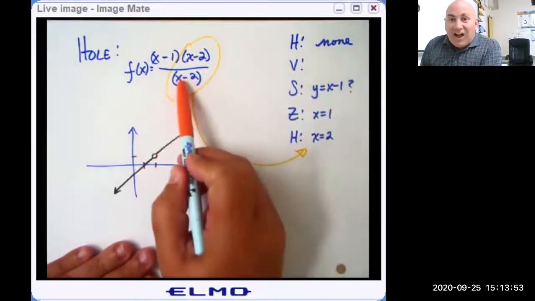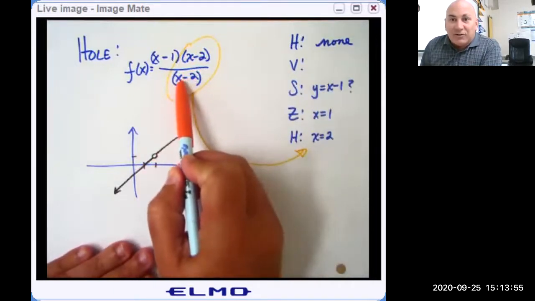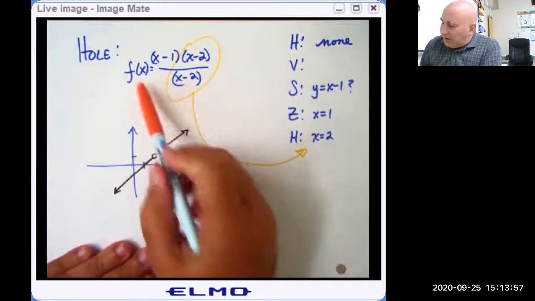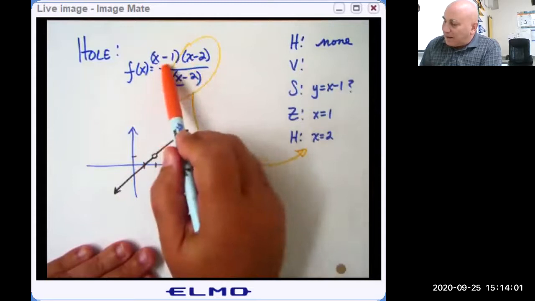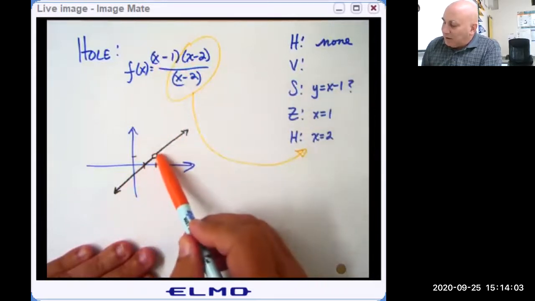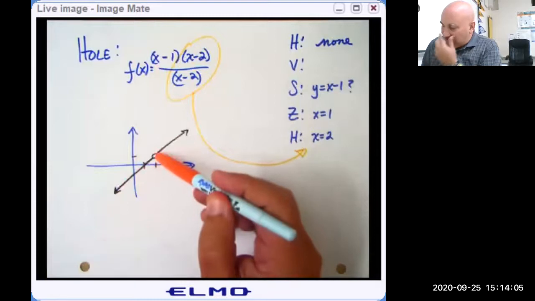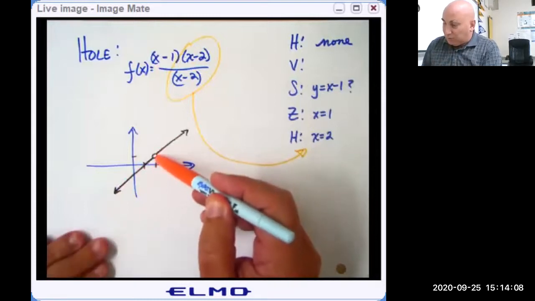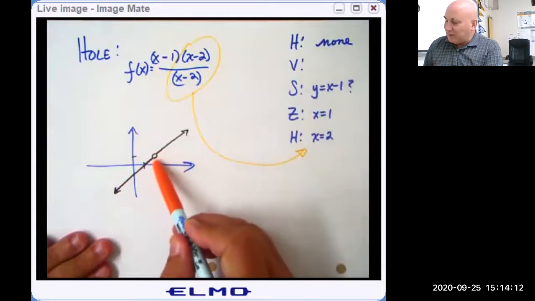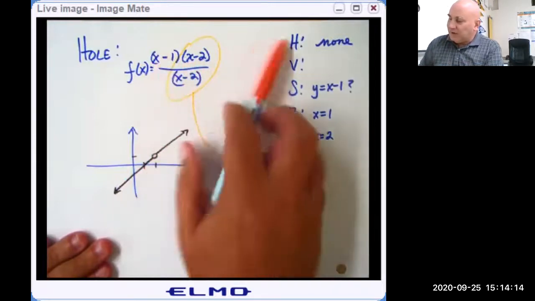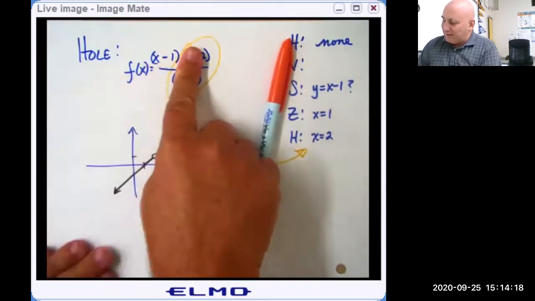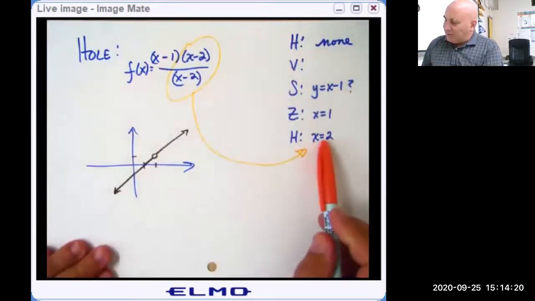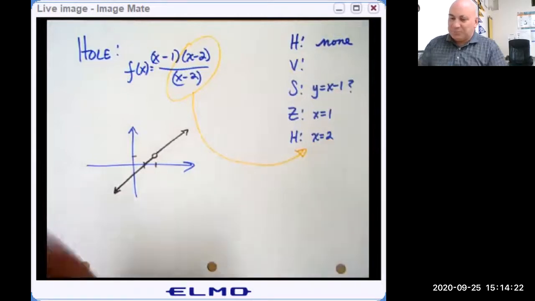So 2 is not in the domain of this function. So everywhere except 2, this function is equivalent to the line y equals x minus 1. It's just that it's not defined at the point 2, 1. So there's a hole there at x equals 2. And you could see that if this weren't there, it would be the point 2, 1. But the hole is at x equals 2.